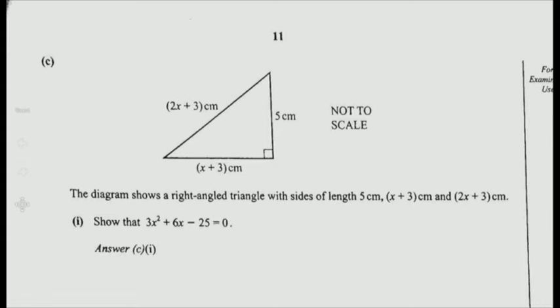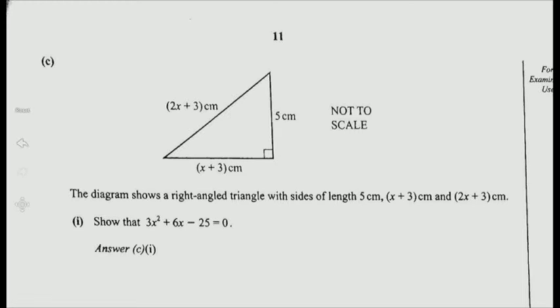The diagram shows a right-angled triangle with sides of length 5 centimeters, x plus 3 centimeters, and 2x plus 3 centimeters. So we are given those 2 expressions for the hypotenuse and that side, and then 5.